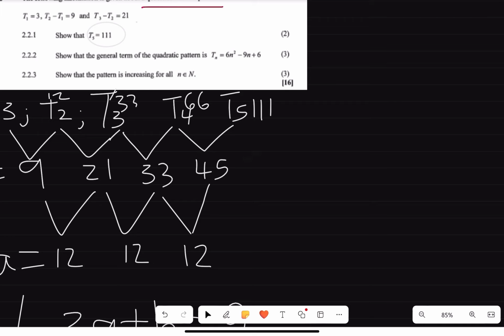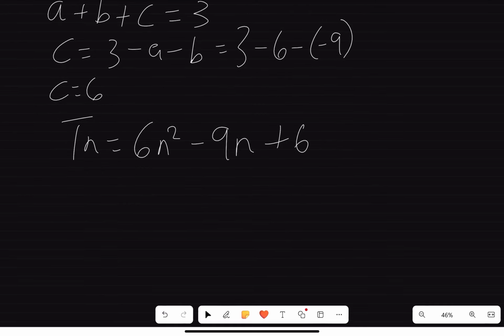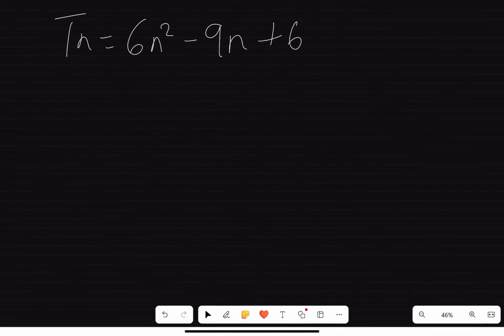Then 2.2.3, they say show that the pattern is increasing for all n elements of natural numbers. To show that this is increasing, we are going to find the turning point. Remember, a quadratic pattern is a parabola.